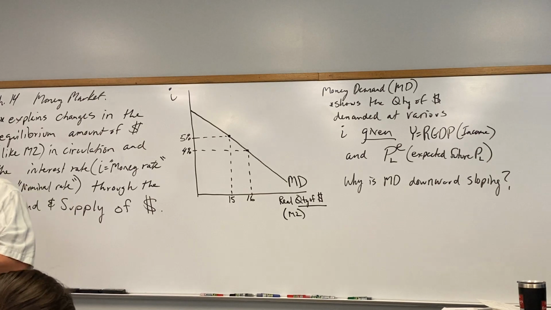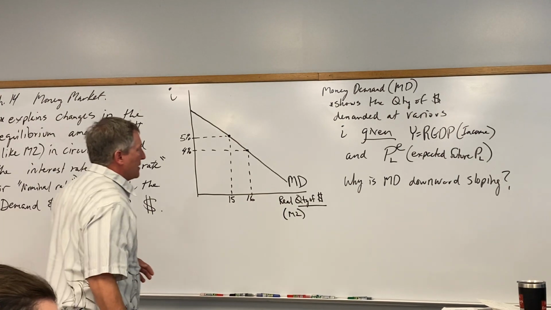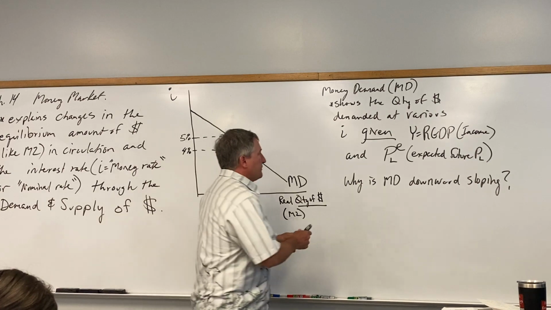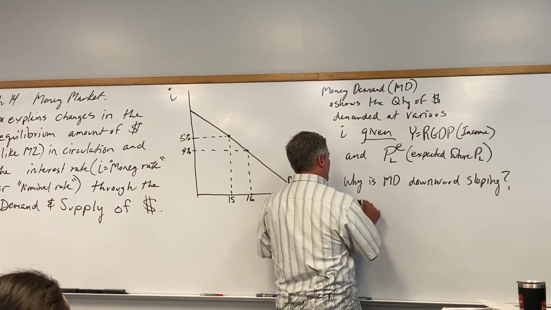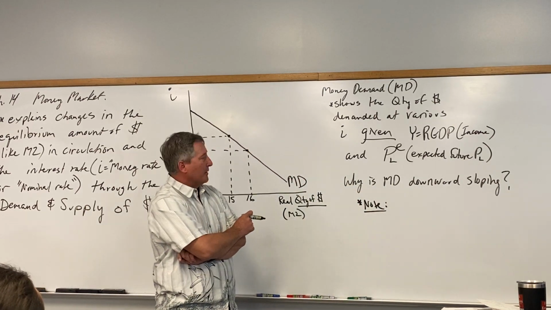So what do you do with checking account money and currency? What's the primary purpose for it? Yeah, live your everyday life. You buy it, right? So it's really what we call your transactions demand. So let me just put a little note here. I'm going to have probably multiple notes.